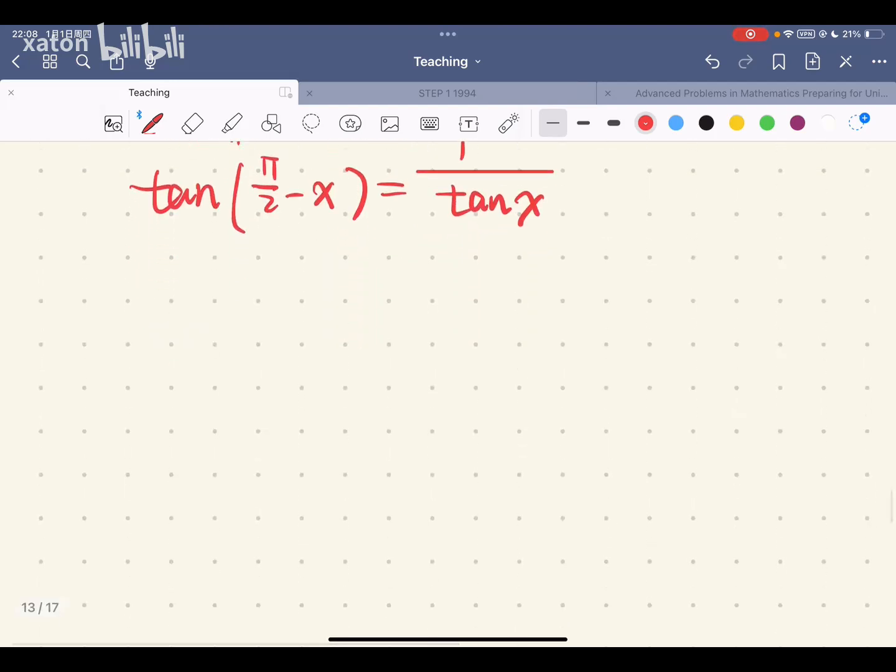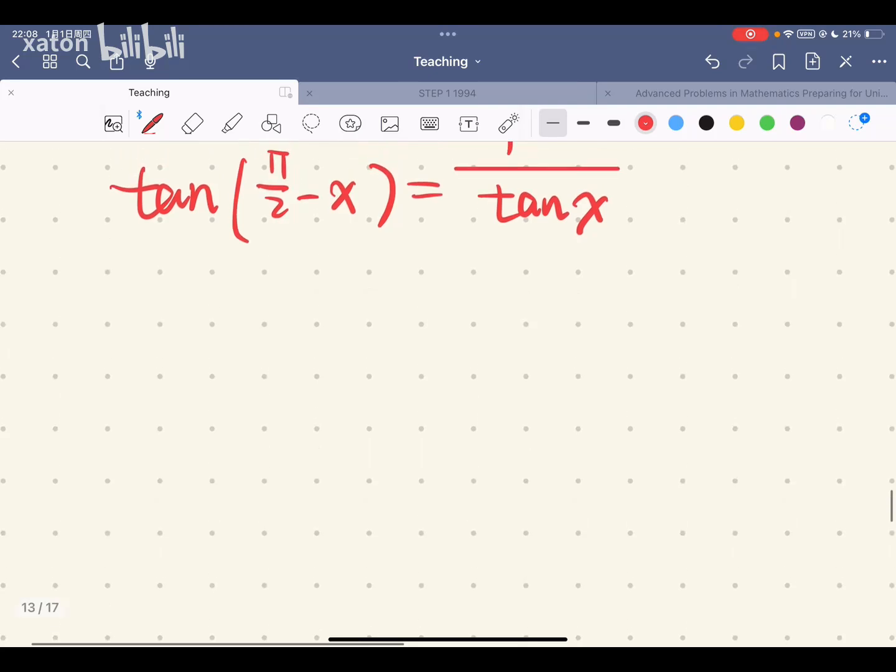How to prove this is quite simple. We can give an intuitive proof by setting it in a right triangle.